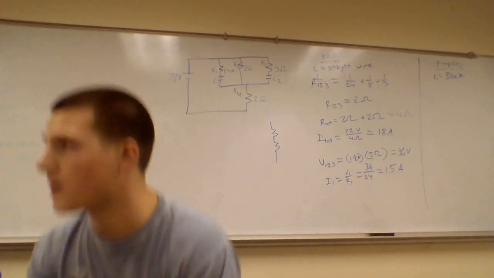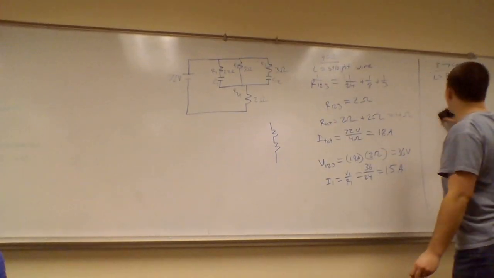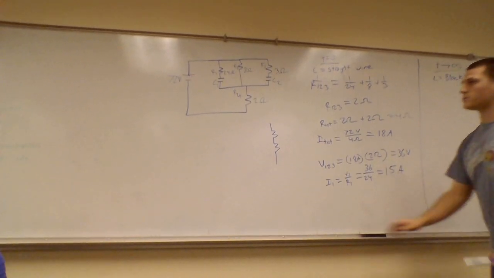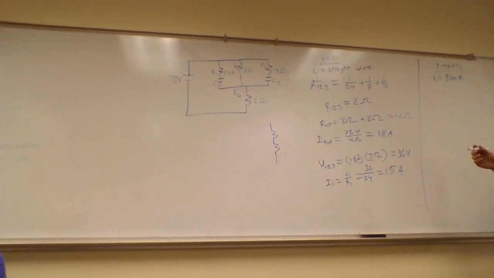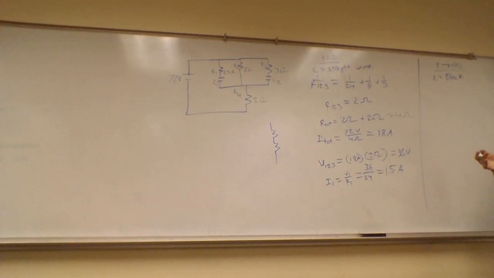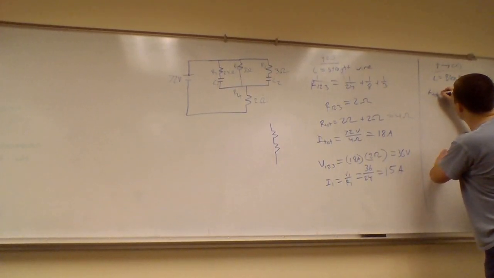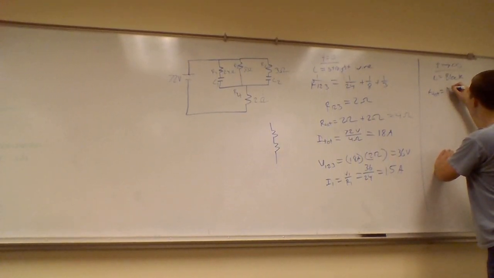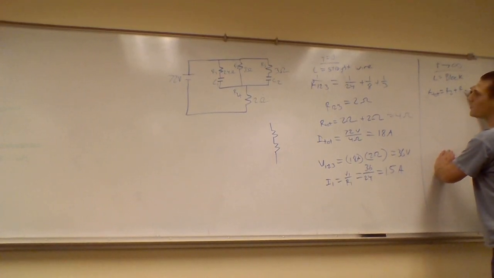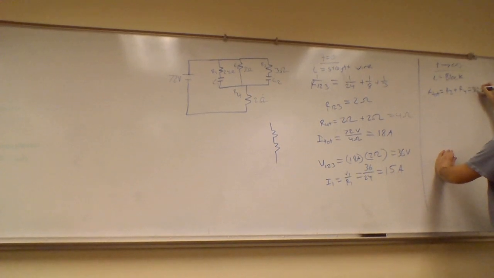So we need to change everything. So we know our I total at t goes to infinity. Now t goes to infinity, the capacitors act as a block, so you only have 2 resistors, and they're both in series. So this is really easy to find. Our total just equals R2 plus R4, which equals 8 plus 2.